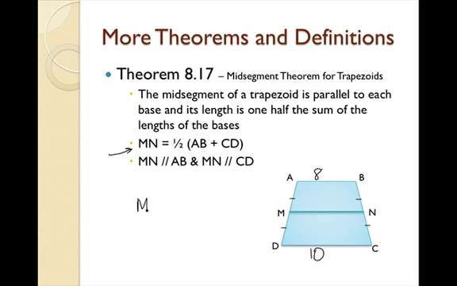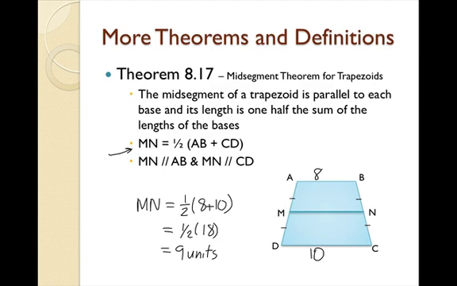MN equals 1/2 of AB, which is 8, plus CD, which is 10. That means we have 1/2 of 18. So MN has a length of 9 units. That's how you can put this theorem into practice with actual examples.